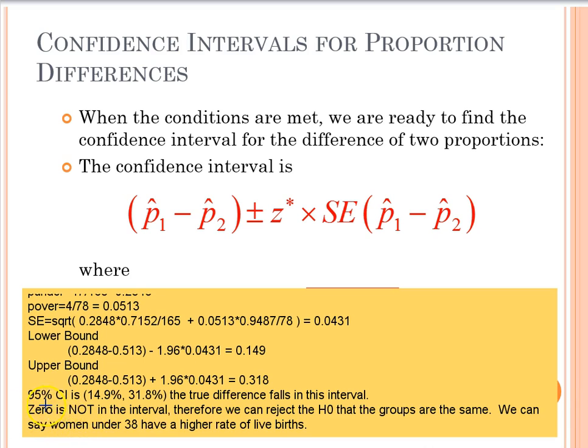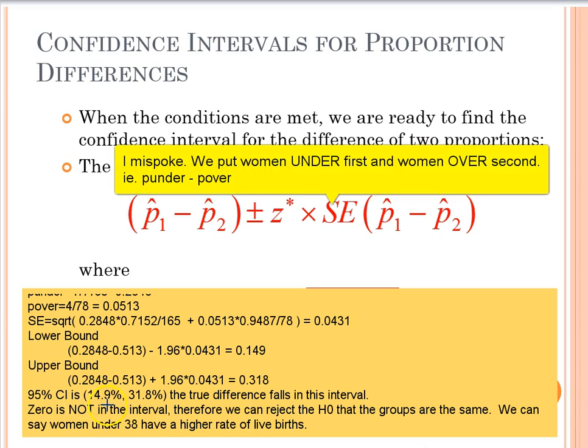So the 95% confidence interval can be interpreted as the difference between group 1 and group 2, or in this case, women under the age of 38 and women over the age of 38. Because we put the women over the age of 38 first, that suggests that they have more live births, or their rate of live births is higher than women over the age of 38.